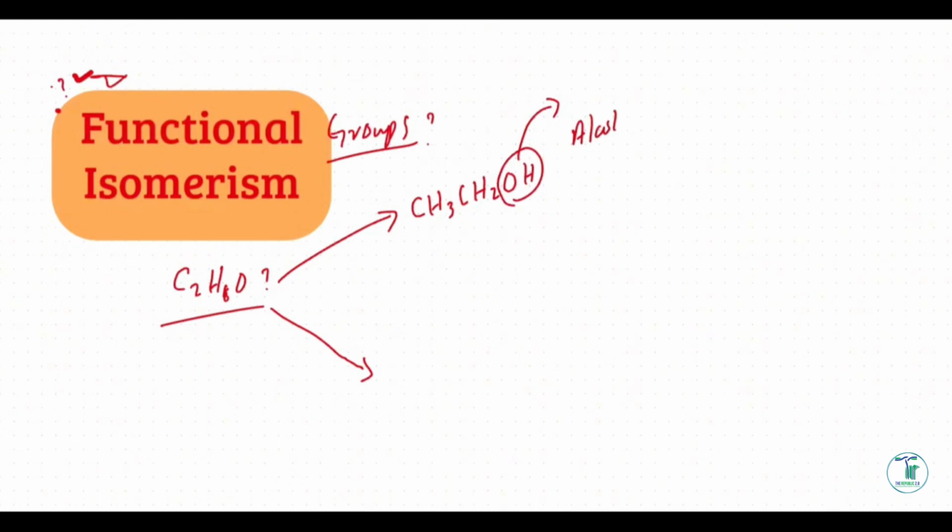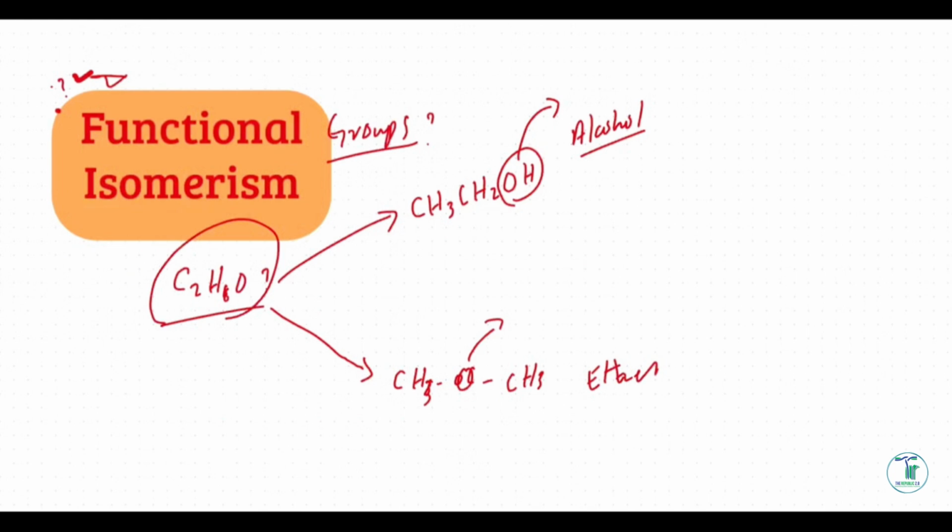While on the other hand, this can be used to make ether this way, CH3, O, and again CH3. So you can note here, this O will make it ether. So from here it is clear that we have the molecular formula C2H6O. Here you can count two carbon, six hydrogen, and one oxygen, and the resultant compound is alcohol.